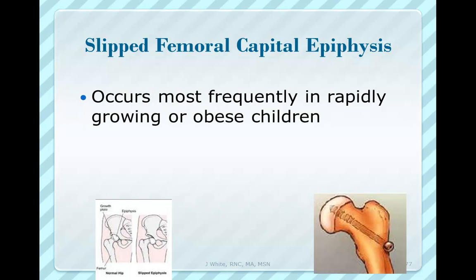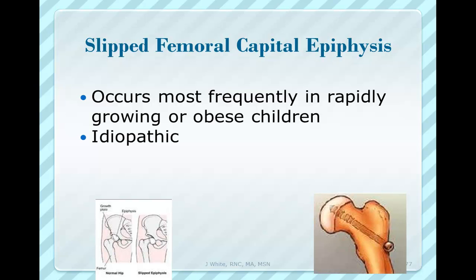Slipped capital femoral, so the head of the femur, the epiphysis, and this is the neck of the femur. And what happens is it slips. When you slip, something kind of doesn't break apart, but it separates somewhat. Seen most frequently in rapidly growing or obese children, so pretty much covers the whole thing.